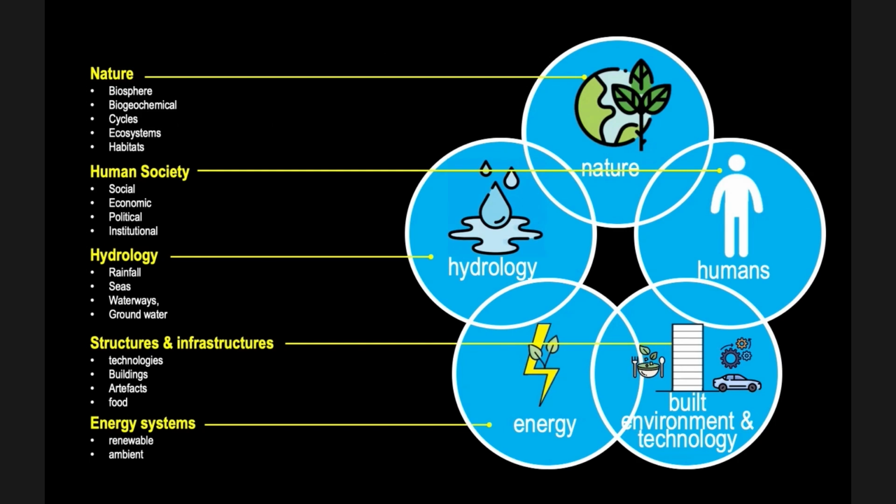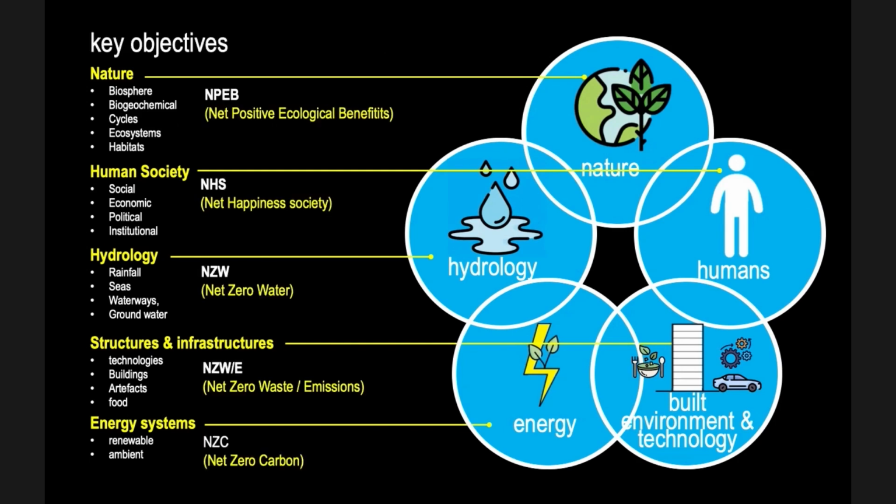But each of these factors has an objective that we must try and achieve. For nature, we have to try and achieve net positive ecological benefits for the planet. For hydrology, you have to have net zero water, so that the water that we use is returned back to the land.